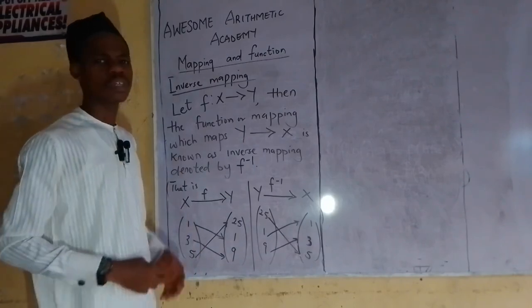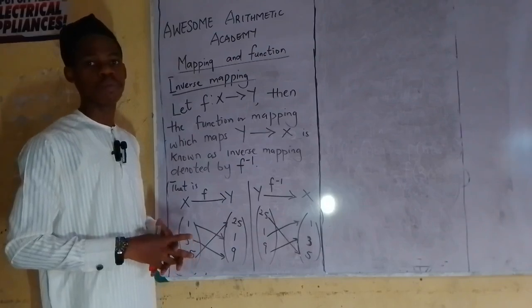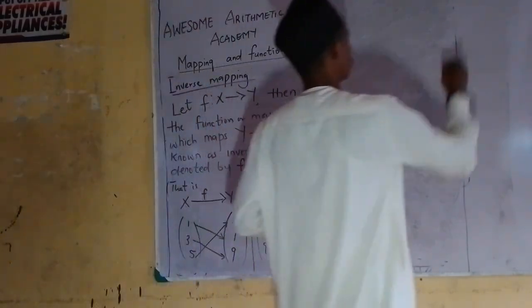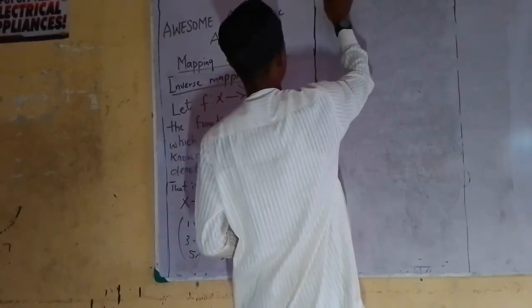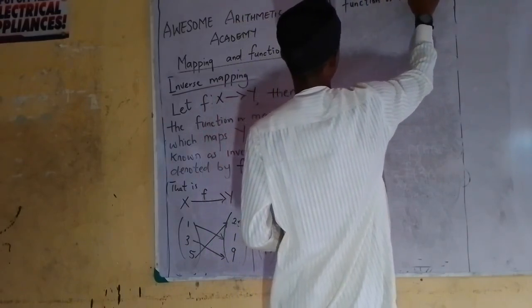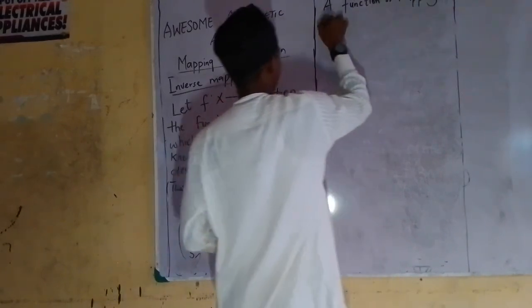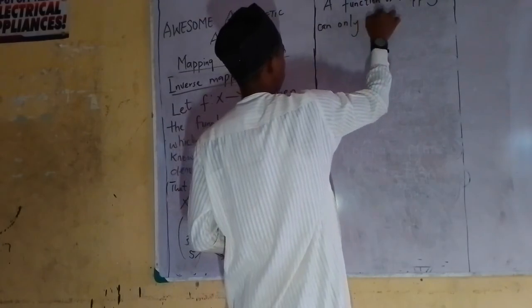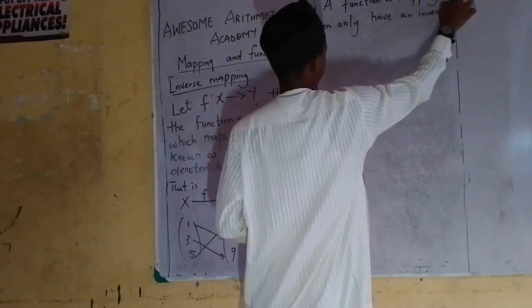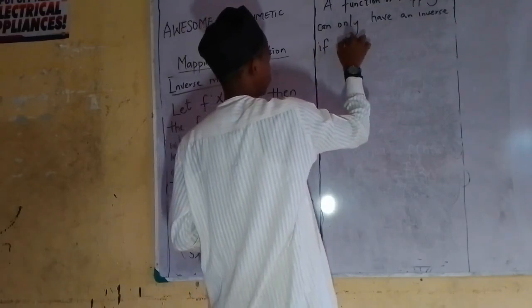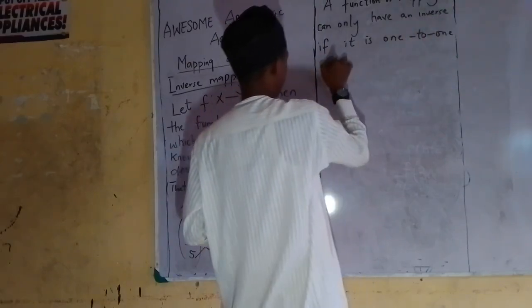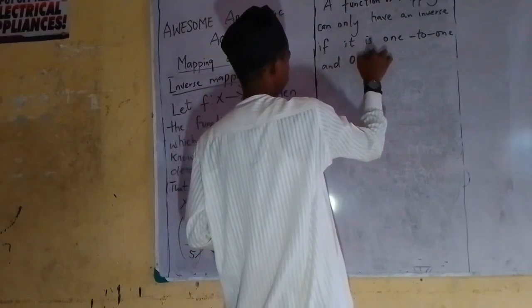So we have two conditions for us to know if a mapping or a function is going to have an inverse. A function or mapping can only have an inverse if it is 1-to-1 and onto mapping.